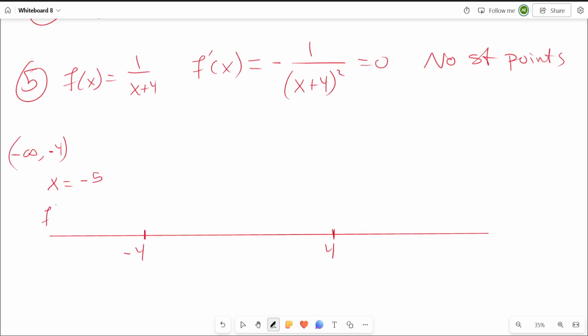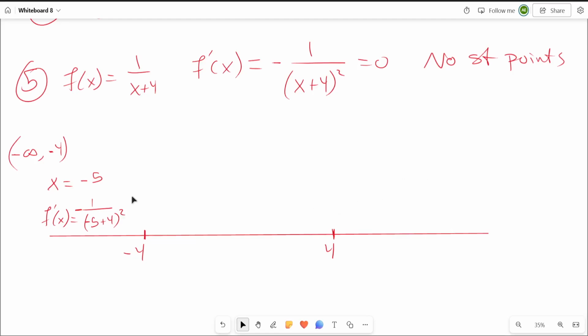So f dash of x is going to equal 1 over -5 plus 4 all squared. This is going to give me 1 over -5 plus 4. This is negative. So f dash of x is negative 1 over 5. So this is going to give me basically -1 as an answer.